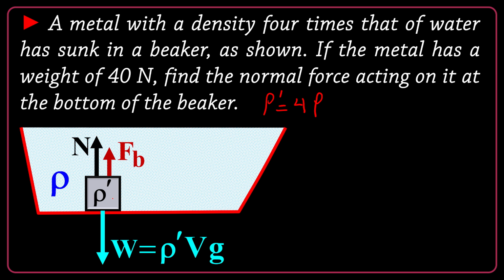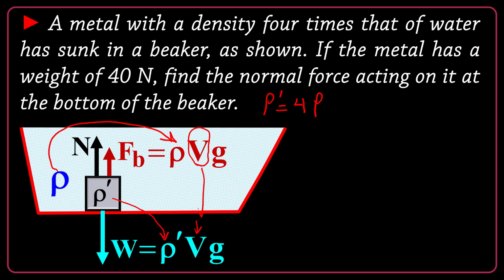Rho prime is density of the object, V is the volume of the object, and it's multiplied by G, the weight of the block. On the other hand, the buoyancy force is rho times Vg. Rho is the density of liquid times the volume of the object times G. This volume is the same as this volume. The reason is the object is fully sunk, so it's expected to have the whole volume.